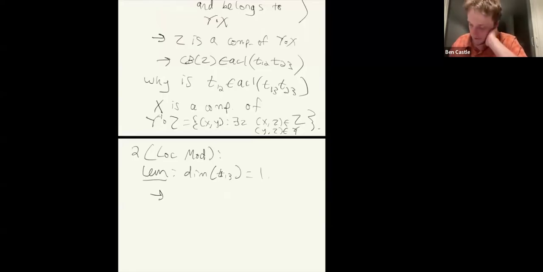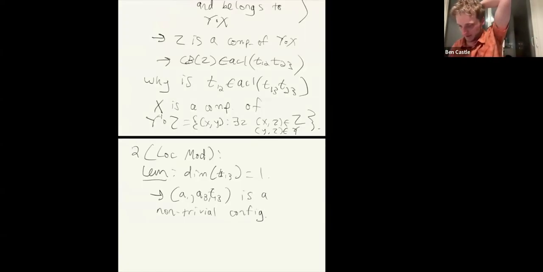And it follows that, in fact, there's a third non-trivial configuration. So A1, A3, T13, unsurprisingly, is a non-trivial configuration, just because all the points have dimension 1. I'm skipping all of the computations, but I'm trusting you can do that.